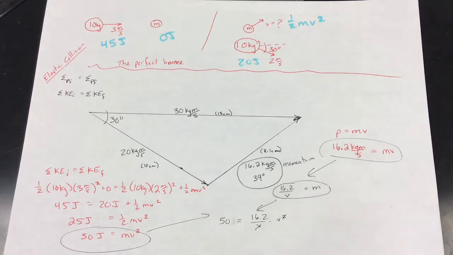That v kills one of these v's, and then take 50 divided by 16.2 to get a velocity of 3.09 meters per second. We know the direction. It's 39 degrees in the opposite direction from the initial line of travel. So that is one answer.